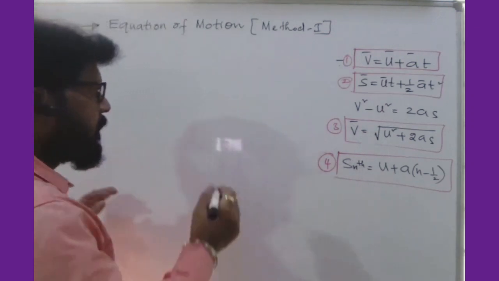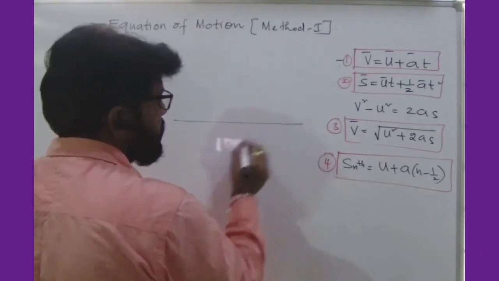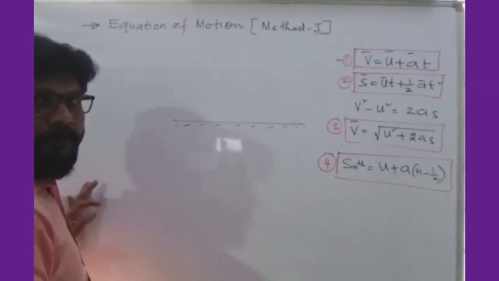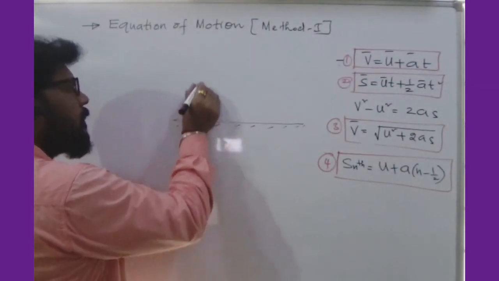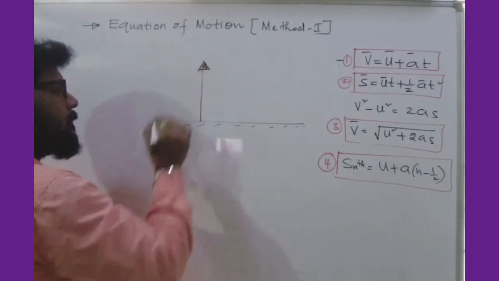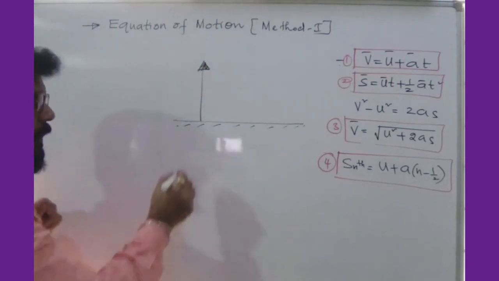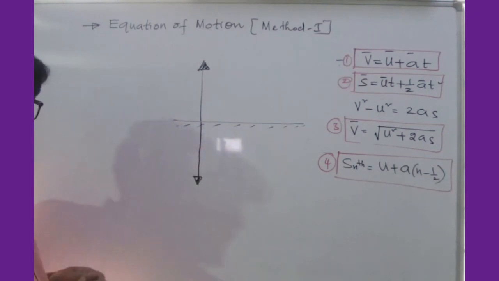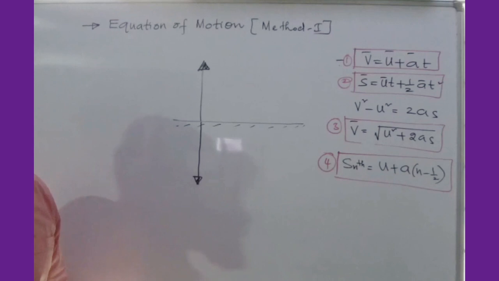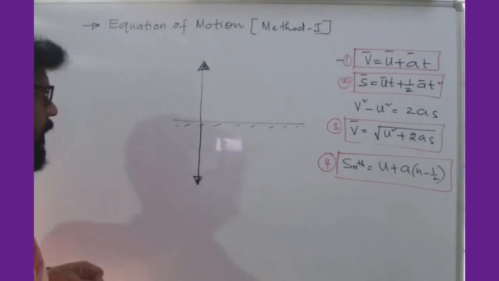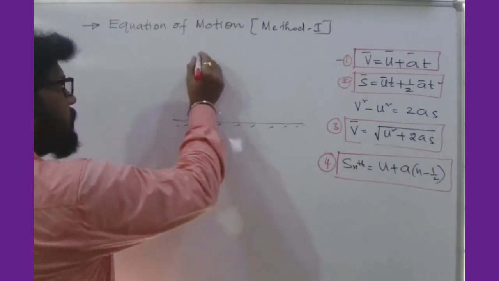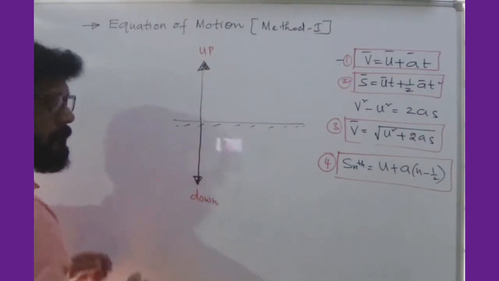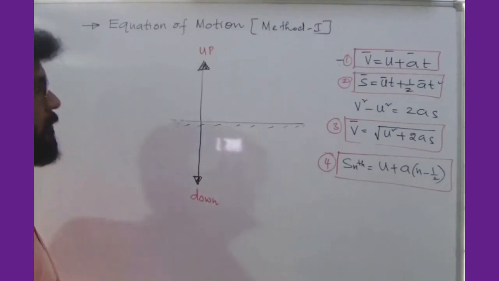Let me take the sign convention. This is the ground level. When you project a body, I take an upward direction and a downward direction, with the ground as the boundary.